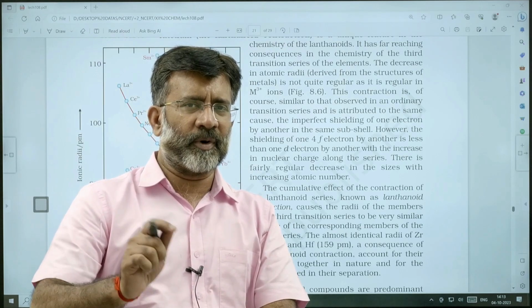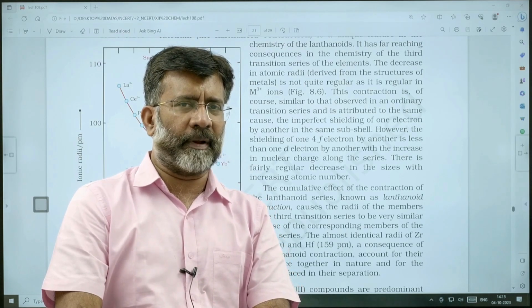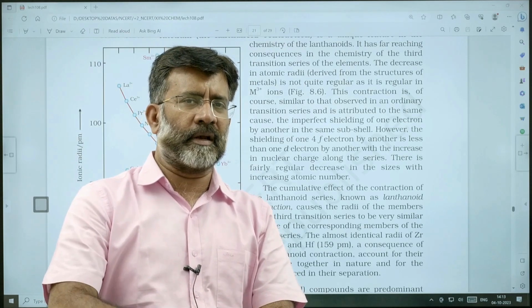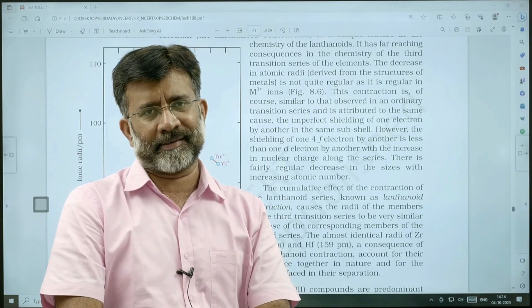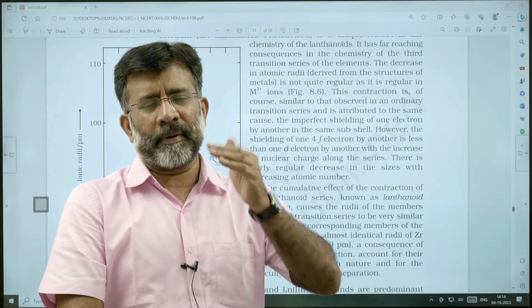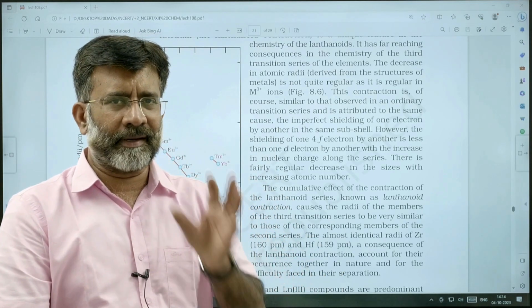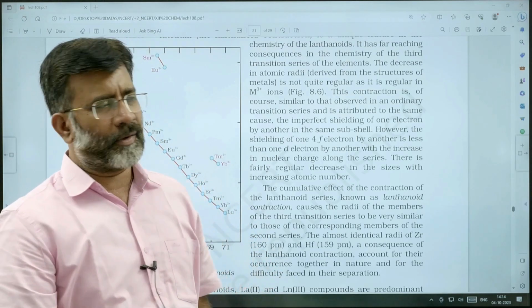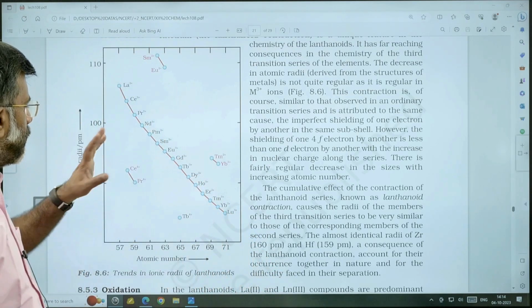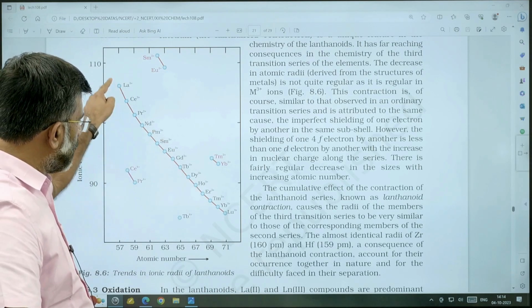So due to the poor shielding effect of the f orbital, to which the electrons are added, there is a gradual increase in nuclear charge. This causes a gradual decrease in size, which we call lanthanoid contraction, beautifully demonstrated in the graphical representation.